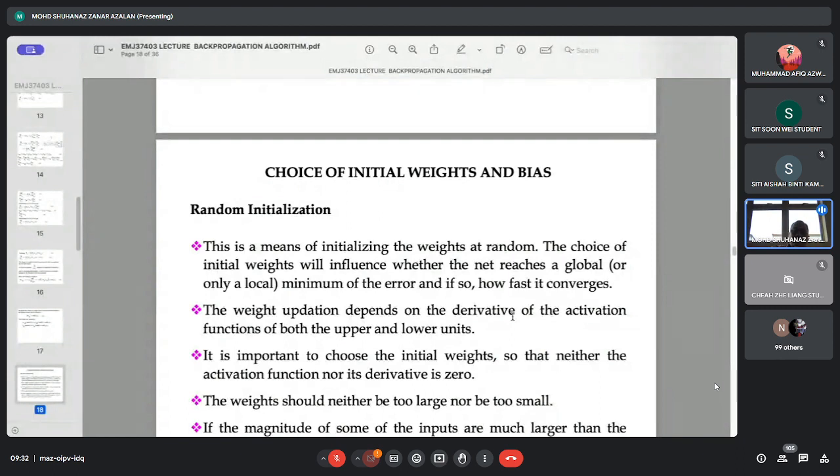The initial weightage value is given randomly by the computer when we set it, and starting from there we train the network, and the weightage value will be updated until the delta value is small enough for the network to stop.